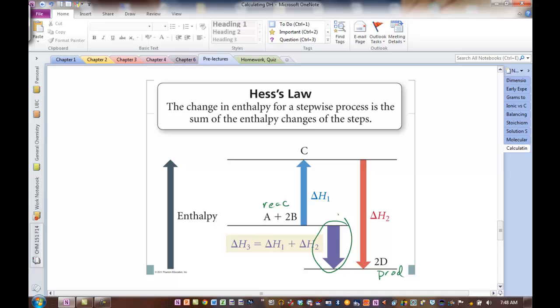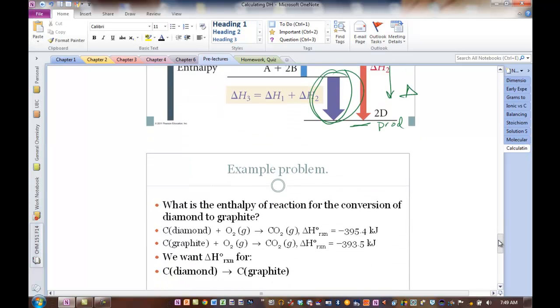But we're going to look at this reaction first, A plus B going to C, and then C going to D. Again, these are just some generic reactants and products. Different pathway, but we're starting in the same place and ending in the same place, so our delta will be the same as going directly from reactants to products. Again, I think that makes sense. Again, it is a delta.